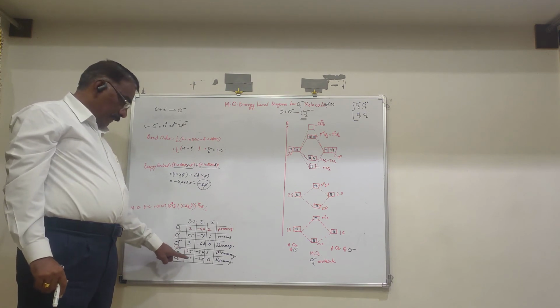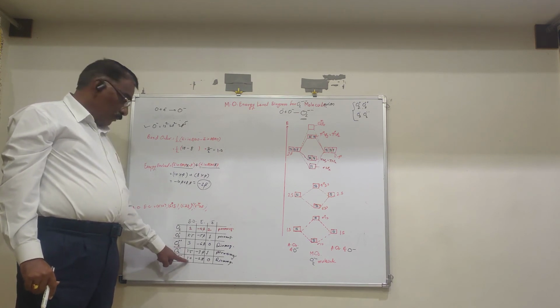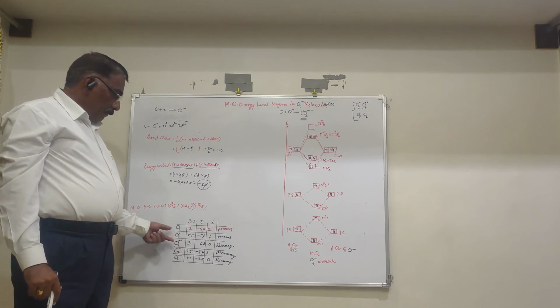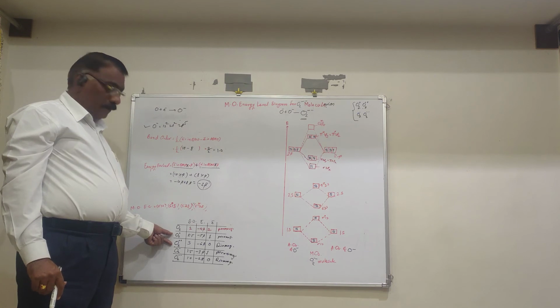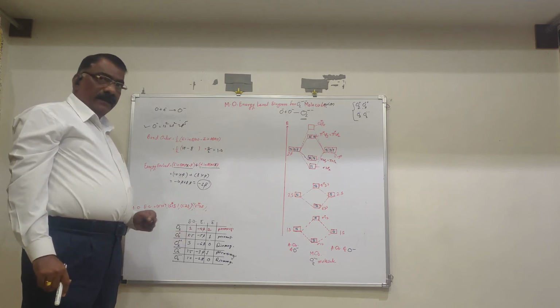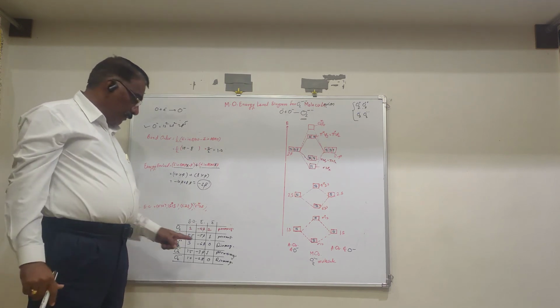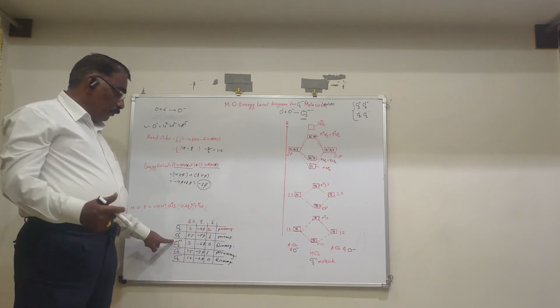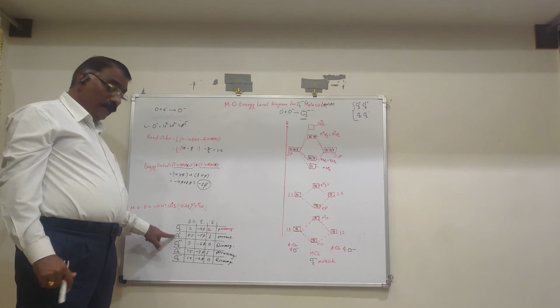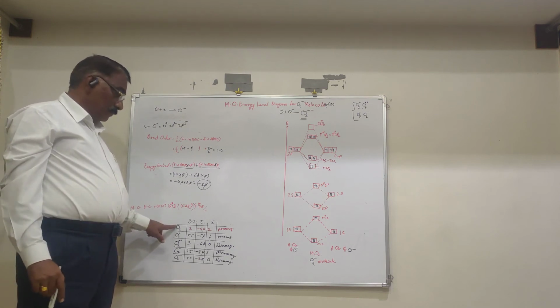For O2 2 minus, 1.0. That means as the positively charged molecular ion, bond order will be increased. It will become more stable. It is also reflected by the energy. This O2 2 plus is more stable than oxygen. O2 plus is more stable than oxygen.